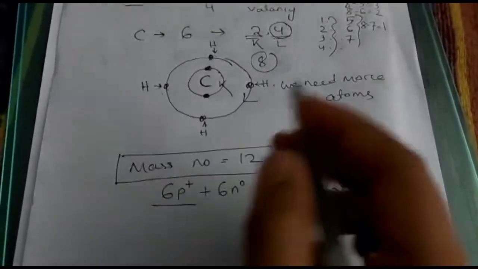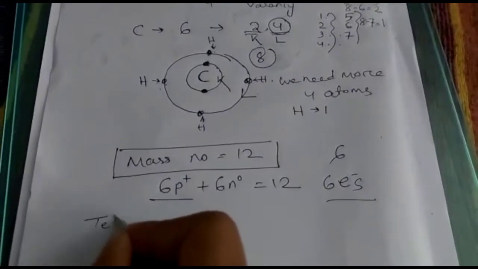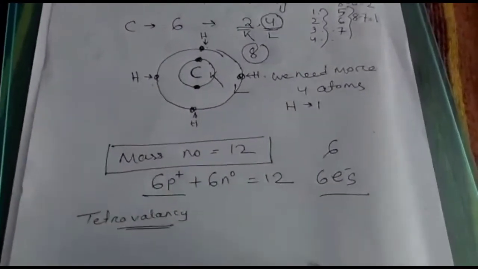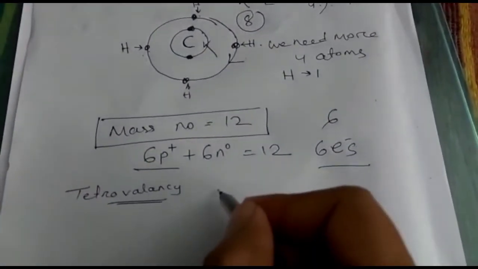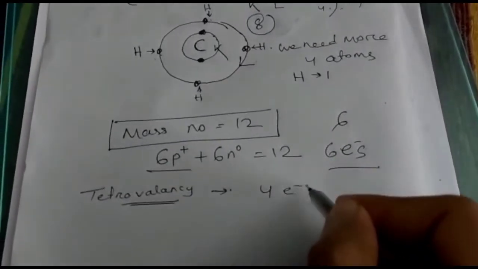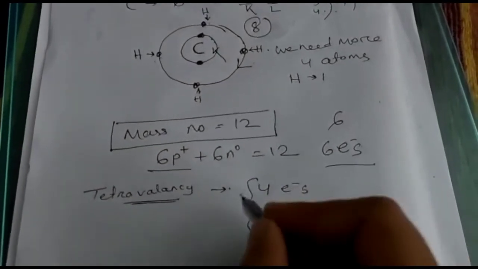But before coming to the next reason, we should discuss tetravalency in detail. Remember, in tetravalency, the atom cannot donate 4 electrons and cannot accept 4 electrons.